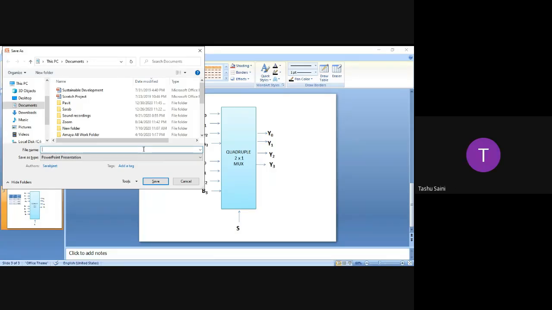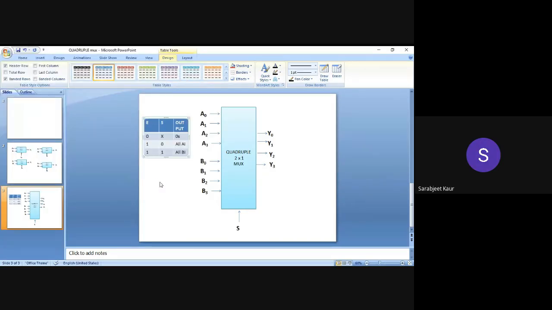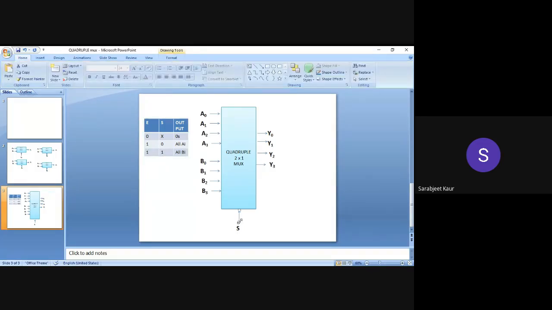Ma'am, is this enable input working like a key? Like a key, if it is open, then the circuit will work. If not, then no. Yes, exactly. It is working like a power switch. So we can simply give a 0 to this input and this circuit will switch off.